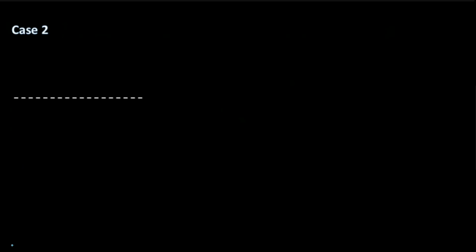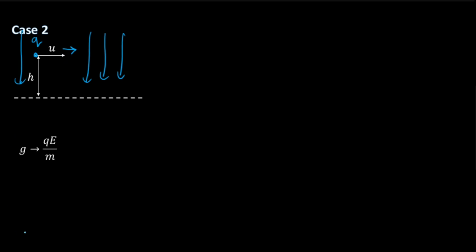Another case we can have here: if the electric field is supposed to be this way, and the charged particle has initial velocity in this direction, then how are we going to see the path of the charged particle?